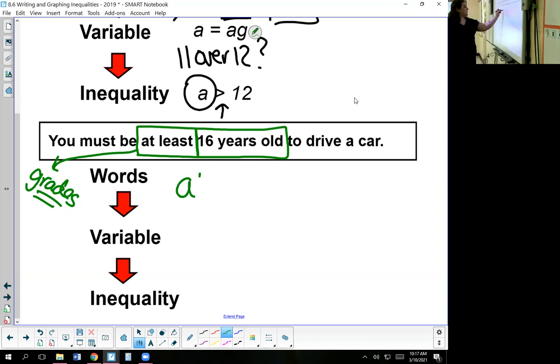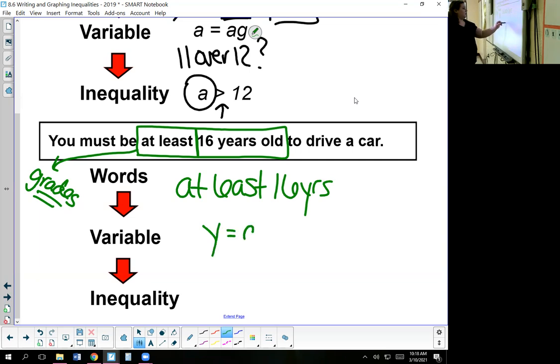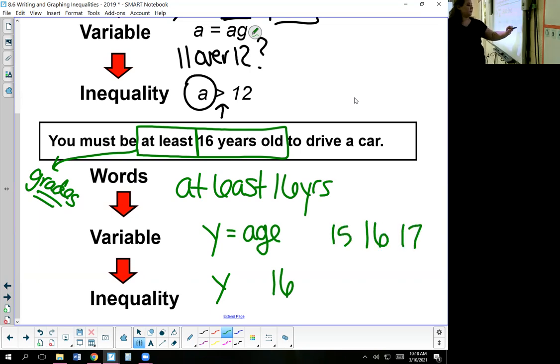Keyword here is at least. You have to be at least 16 years old to drive. Let's use, I don't know, Y for your age, okay? So your age compared to 16. So this is how I do it, very simple. Look at 16, go 1 lower, go 1 higher.